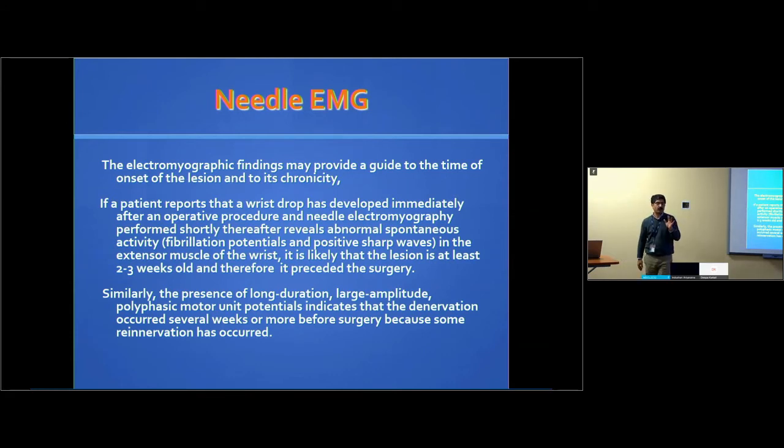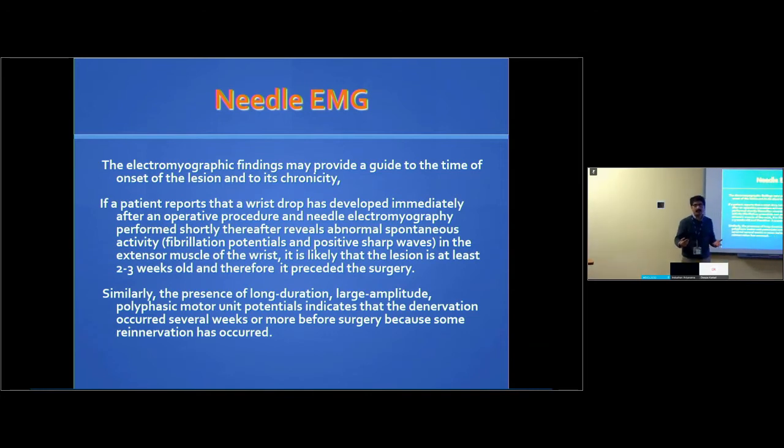So typically by week 4, you will have abnormal spontaneous activity and abnormal insertional activity, but it doesn't happen during the first 2 weeks. Now if a surgeon is insisting that wrist drop happened, and you see the potentials already on day 2 of wrist drop, that means the problem actually happened a while back, not 2 days ago.